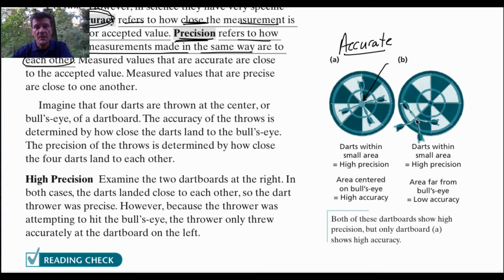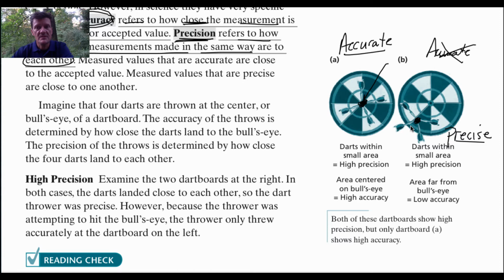If you throw a whole bunch of darts and they don't hit the bullseye, but they all land in a very close area, you're not accurate. Forget about accuracy. That's not going to happen. But you are precise. Okay? You've been able to repeat over and over and get the same results. But something's wrong with your instrument, or in this case, your throwing ability. Okay? So accuracy is how close do we get to the bullseye, to what we want, the correct answer.